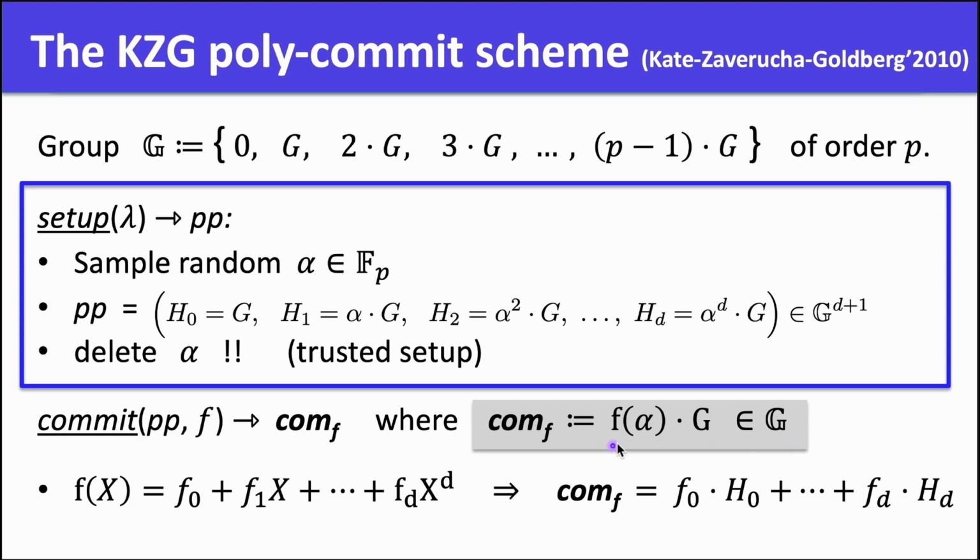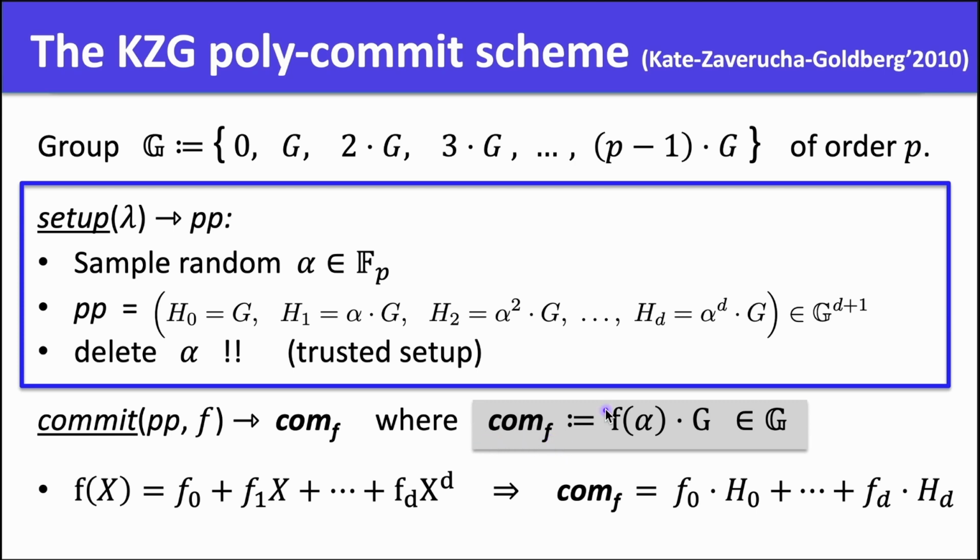I want to stress this is kind of remarkable: we can take a polynomial of degree 1 billion and commit to this entire huge polynomial using a single element in the group G, which is a very, very short commitment. Usually this commitment string will be under 64 bytes. So we're committing to a degree billion polynomial using a commitment string that's at most 64 bytes.